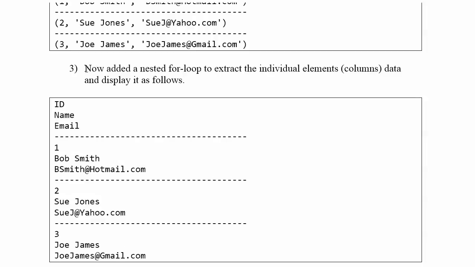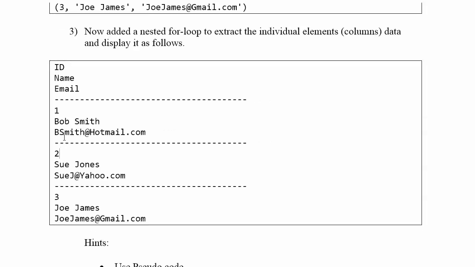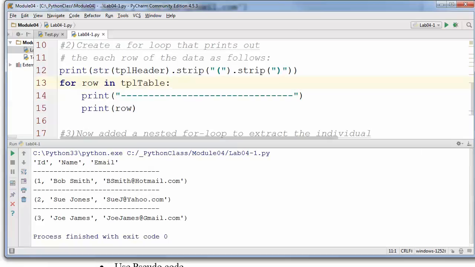So I want to now add a nested loop to extract the individual elements and display as follows. So I got a row and I want to extract them out and print them out individually. Well, remember that these are actually printing out as a row of data.